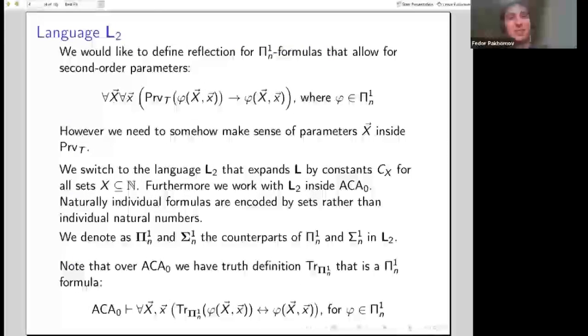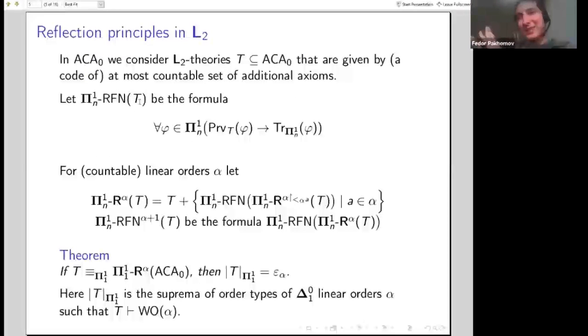So essentially, going to this boldface L2 language is the way of substituting for the numerals that we have in first-order arithmetic. Of course, in first-order arithmetic, we could have done the same thing. We could just quantify over all Πn sentences, and this would give us an equivalent form of reflection.